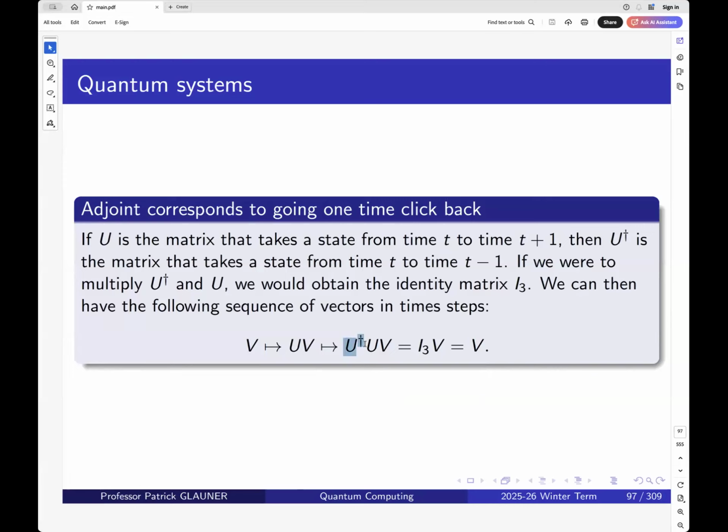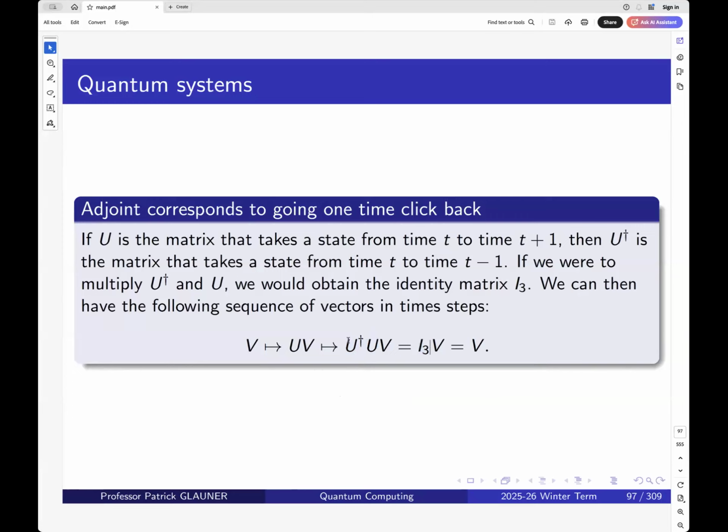If we multiply this from the left, and you remember, U dagger times U just undoes each other and leads to the identity matrix. For 3 times 3 matrices, U dagger times U leads to the identity matrix.